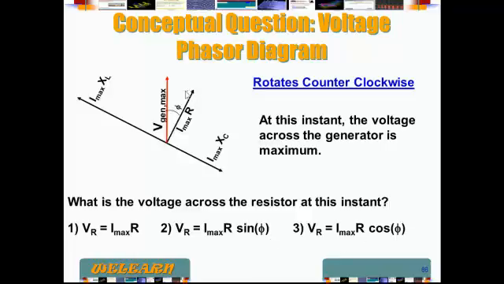Remember, we are looking for the vertical component. This is the vertical component since V gen is along the vertical. So it's going to be VR max, which is this, times cosine of phi for this particular diagram.